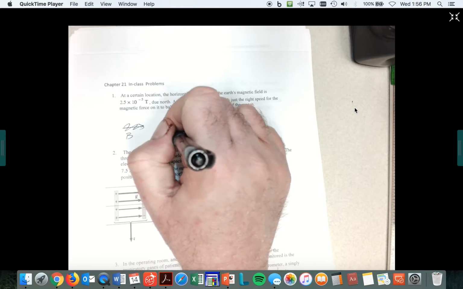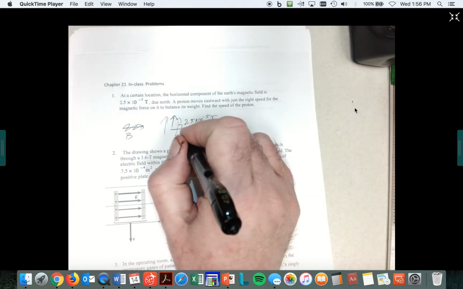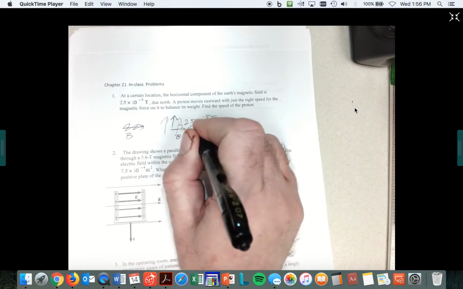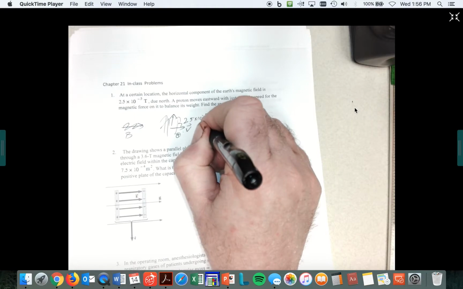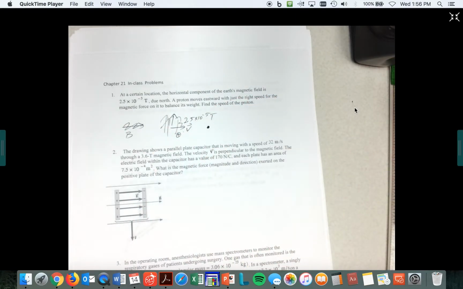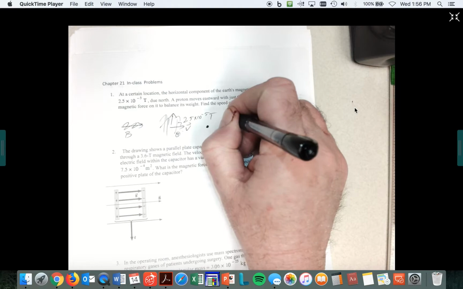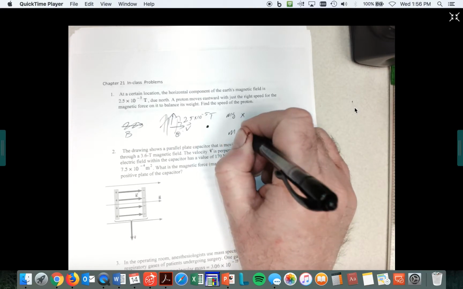If this is the uniform magnetic field and the velocity vector is going this way, 90 degrees to it, the force is going to go up. What's going into the page? If we're looking at this from the top, gravity, mg, is going into the page. So mg is equal to what?